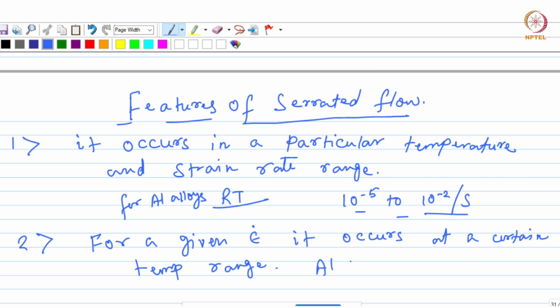And now again if you look at the aluminium alloys, this temperature range could be anything between minus 30 degrees Celsius to about 100 degrees Celsius, or maybe a little beyond that. Okay, so typically you can say within this range. So it covers the room temperature also, as I said before.